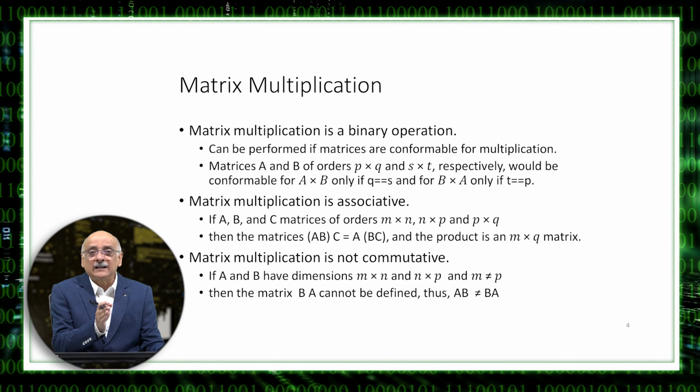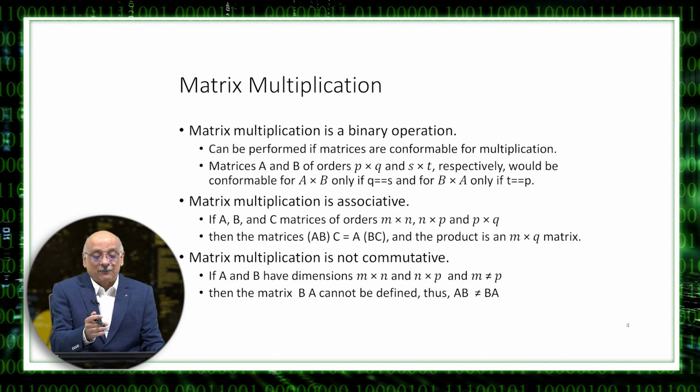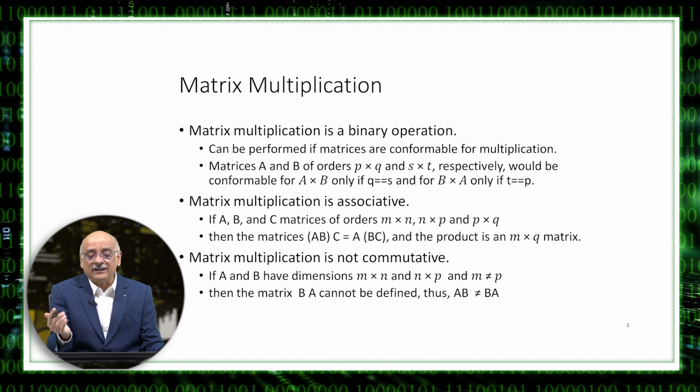You all know, but let us define matrix multiplication from the context of what we will be using when we discuss the dynamic programming solution. A matrix multiplication is a binary operation. If you are trying to multiply two matrices, you are multiplying matrix A with another matrix B.